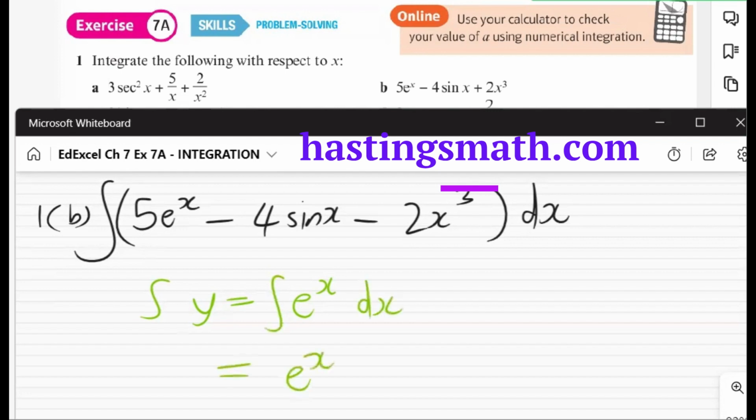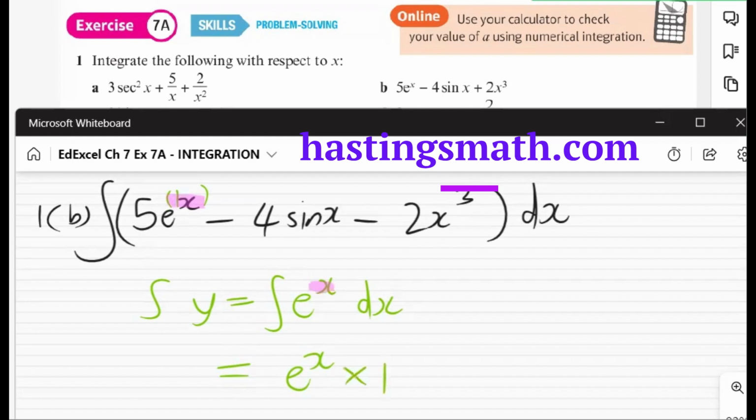So nothing changes. A couple of things to note. For this particular one, we don't have to worry about a function in a function because the function is just x. So it would be times by the first derivative of whatever was inside there. Okay. And in this case, that would be 1. This doesn't affect us.